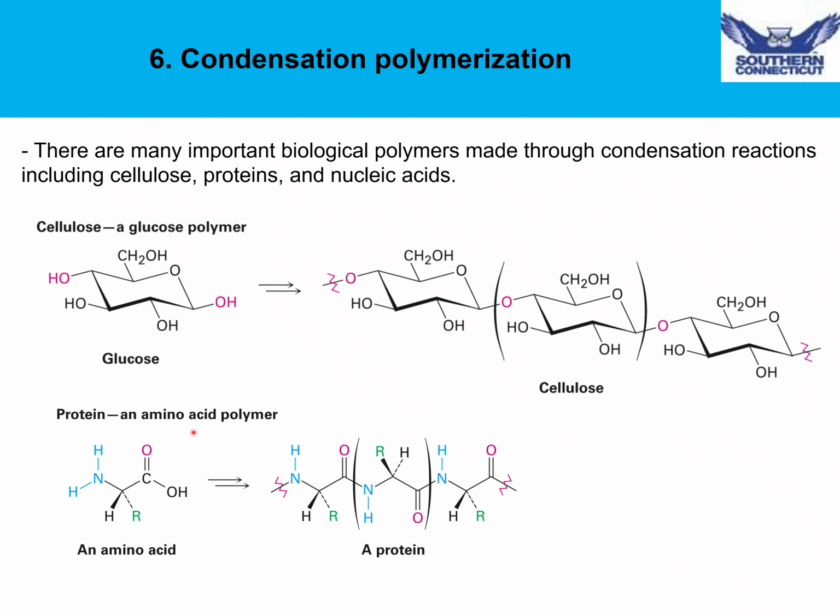Proteins are polymers of amino acids. Amino acids contain both a carboxylic acid and an amino group, so one amino acid can react with its carboxylic acid with the amino group on a different amino acid. That leads to the formation of amide bonds and therefore the formation of a protein.